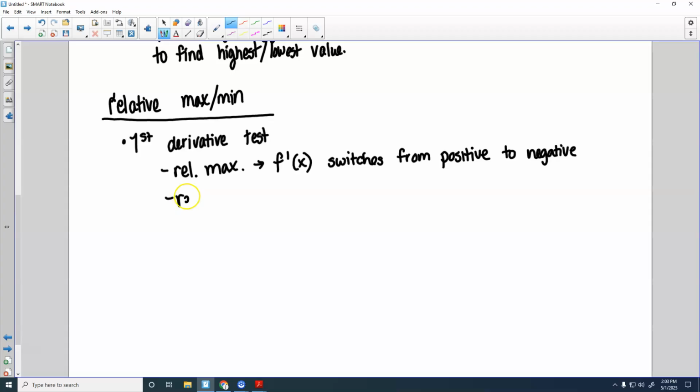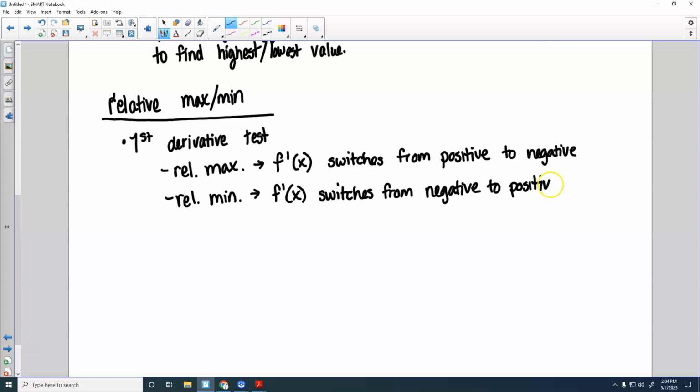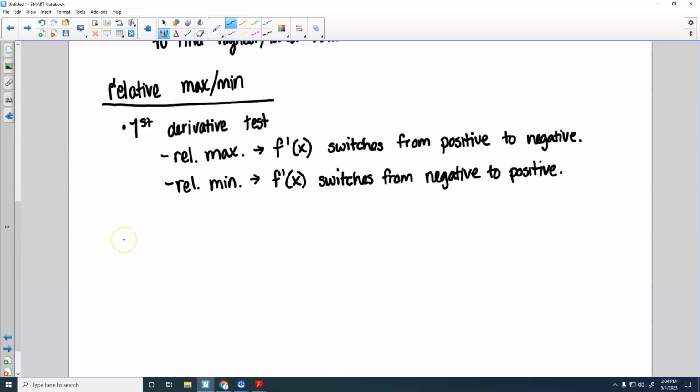And if it is a relative minimum, f prime switches from negative to positive. Okay, that's your first derivative test. That's the one we use most often, but sometimes it won't work, and you have to use the second derivative test.